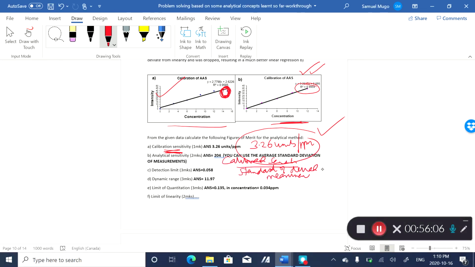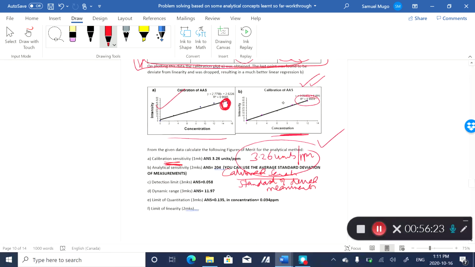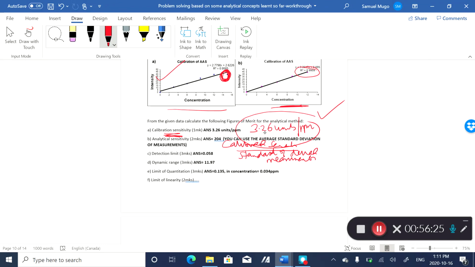Maybe some of you are going to ask, which measurements do I use? What you need to do is come here and look at the average standard deviation. So you average this, and then you take the 3.26 divided by the standard deviation of the measurement. That's what you call analytical sensitivity. So take note of that difference.